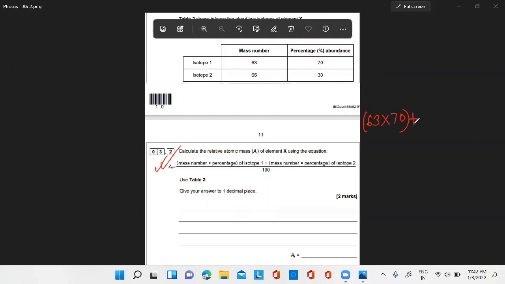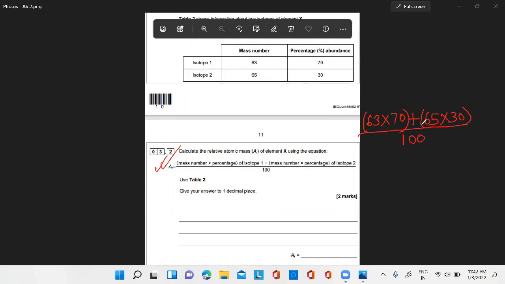Then we have to add this product with the mass number of isotope 2, which is 65. And then again, we have to multiply it with the percentage of abundance of isotope 2, which is 30%. And finally, we have to divide it by 100.